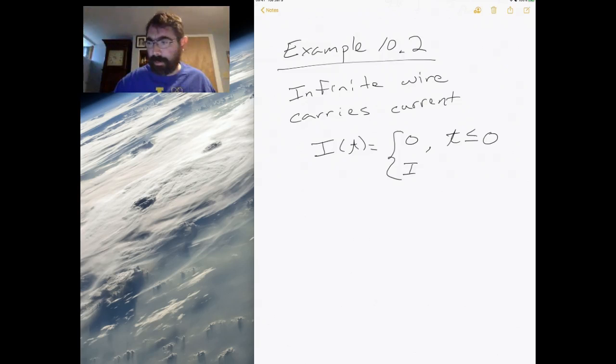Then at some time later, it's going to be a constant I naught. So I flip the switch, and from now on, in the future, the current is going to be some constant I naught. So what we want to do is find the fields.